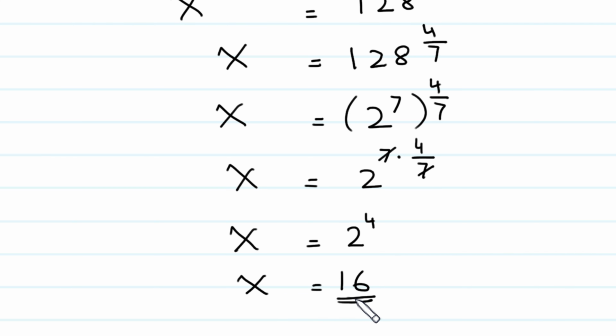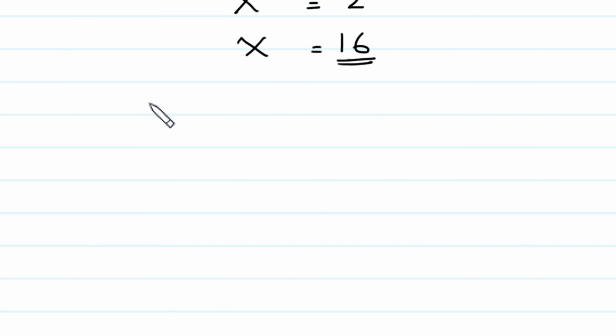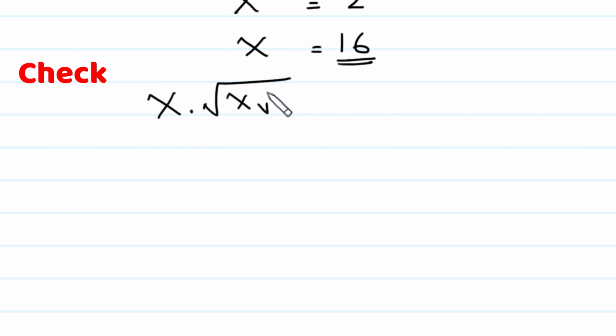Now to check that this value is correct or incorrect, we put this value in the original equation. The original equation is x times square root of x times square root of x is equal to 128.